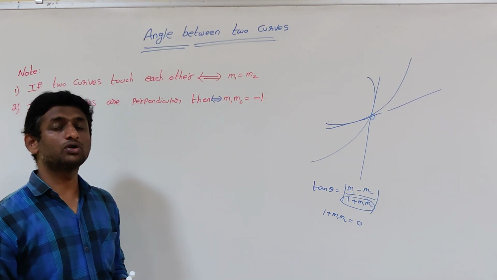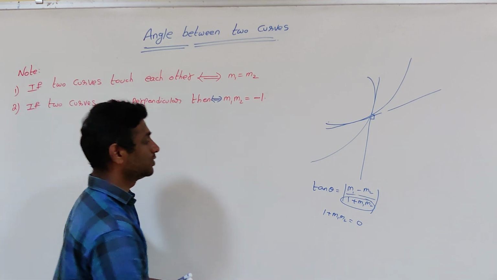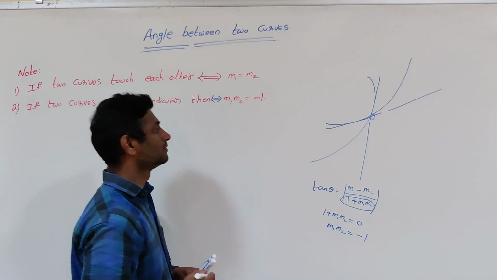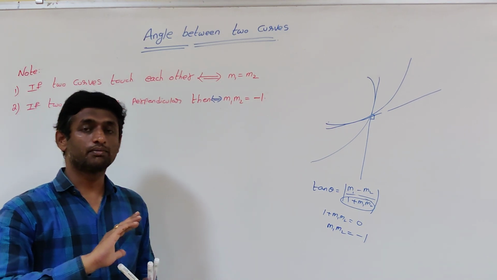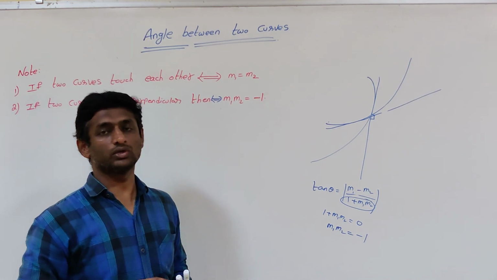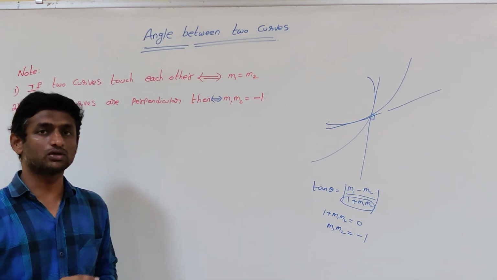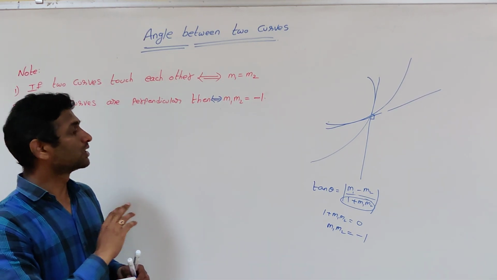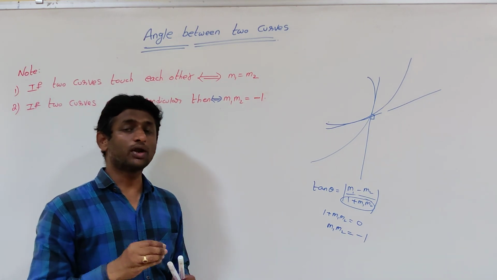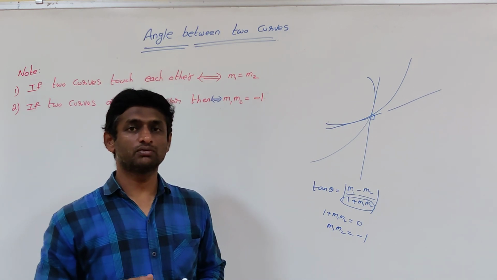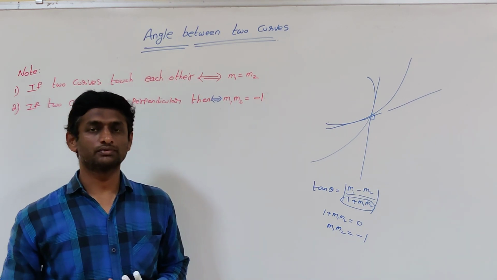So m1 m2 is equal to minus 1. If two curves are perpendicular, or orthogonal to each other, then the product of the slopes is minus 1. Based on this property, we'll see one more problem, the third problem.